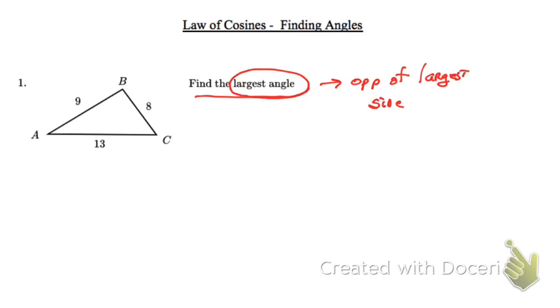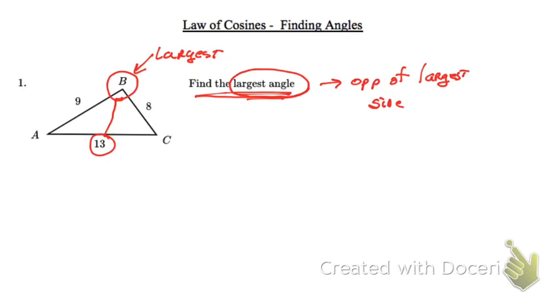Okay, so which one is our largest side? 13 is our largest side. Well, guess what that tells us about angle B? That it will be the largest. So this question, find the largest angle, we have to look at our triangle and figure out which one they want us to do first, or we'll be doing the wrong thing. Well, the largest angle is opposite the largest side.